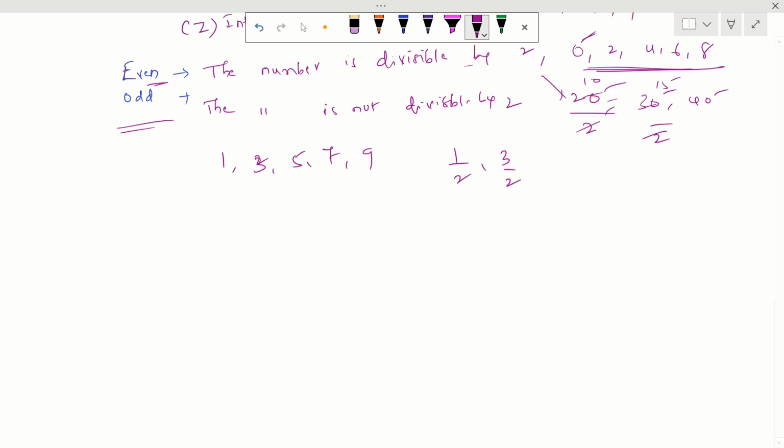Now the very important topic we're going to discuss: prime numbers. So what is a prime number?